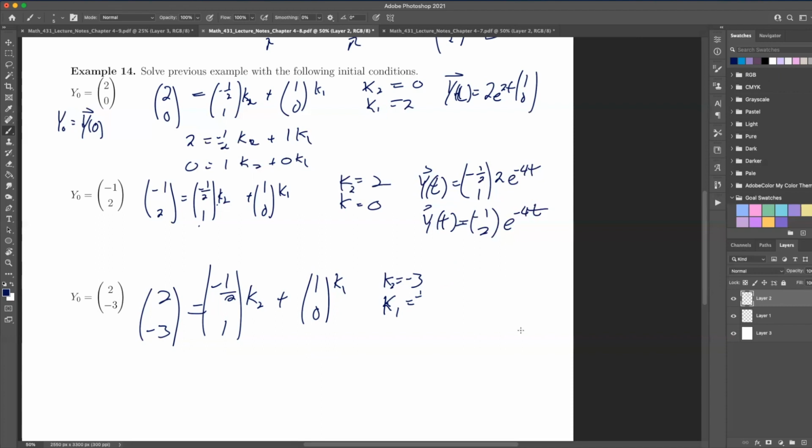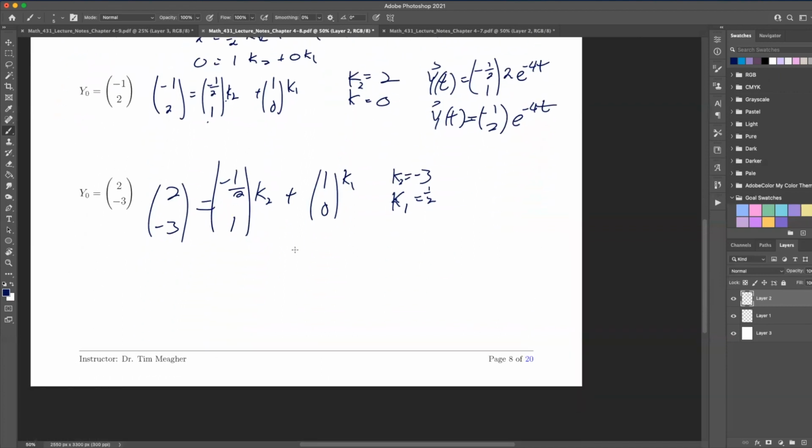Actually, we got room. Let's write it down below. That way I'm not squishing it in. We'll have y of t. And this time, I'll go ahead and write the minus 4t, the way you'll probably see it. And so here is -3. I'm going to just stuff that into my vector. And so here I'll have -3 halves over -3.